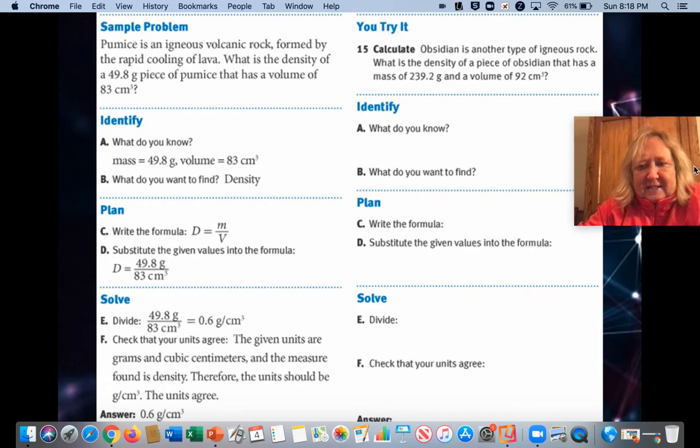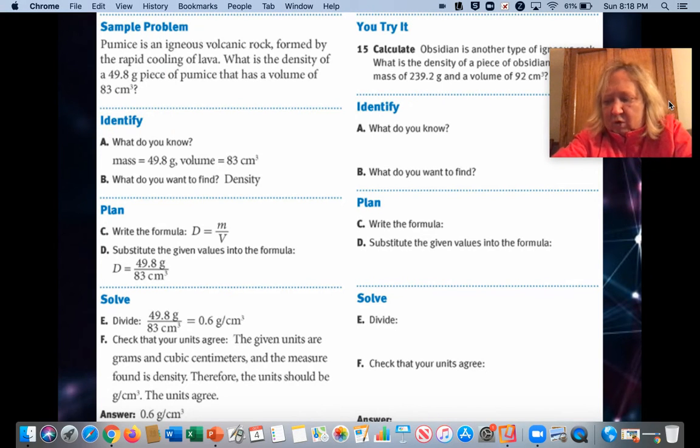Want to go through this problem with you. Again, this is why we had your scrap paper out, hopefully. So we have pumice, which is an igneous volcanic rock. We'll get into all our rock types after Christmas. Igneous rock forms when lava cools rapidly.